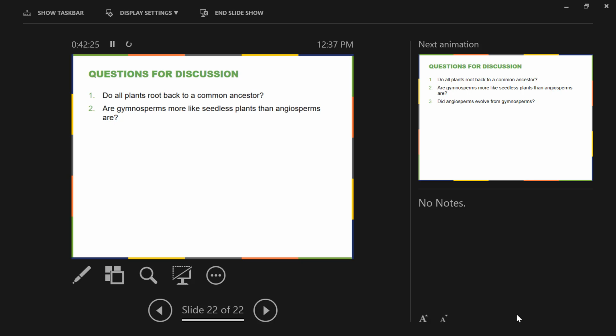Seedless plants. Sure, yes, since they are simple. Gymnosperms, right? They don't produce fruit. They also don't rely on animals for reproduction. They use the wind, which is similar to seedless plants that have to use water.